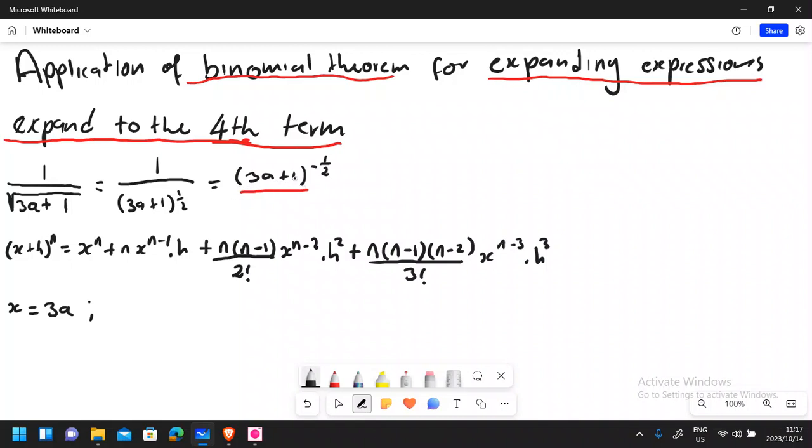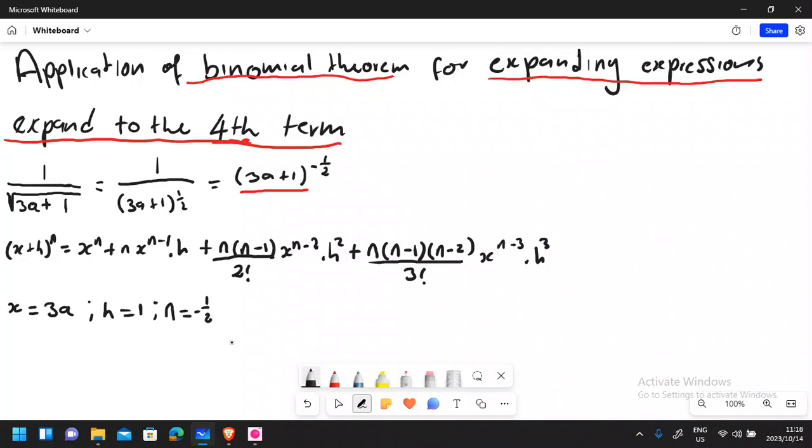Now plus 1, so meaning 1 is our h. There we go, 1 is our h. Then let's look at our exponent, which is negative half. So our exponent, which is n here, n is going to be negative half.